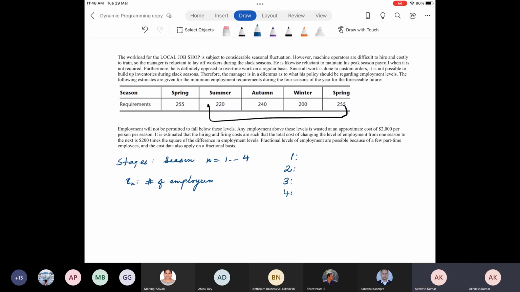And that is also the highest. Yes. So what should be the number of employees for spring? Sir, it should start with summer.